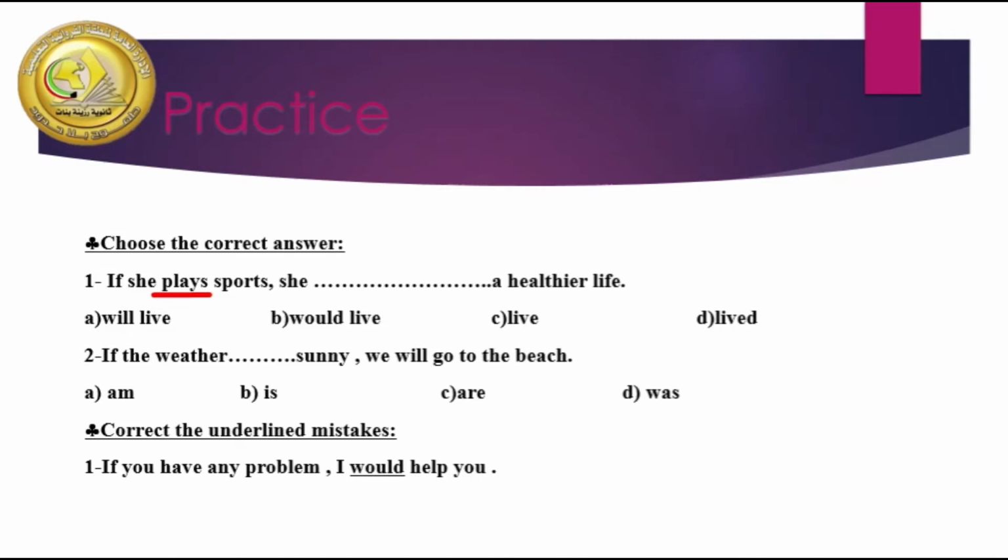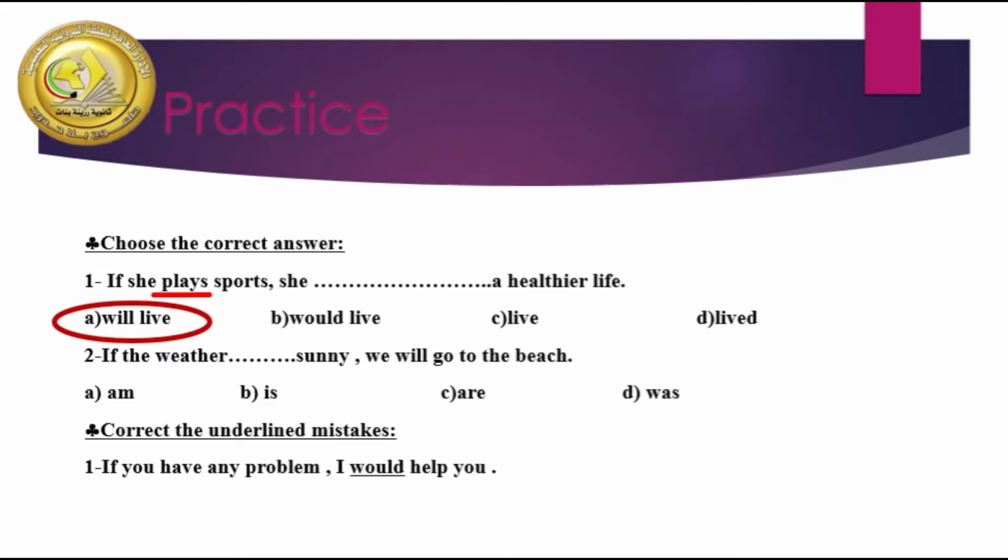So, which is the right answer? If she plays, a verb in present simple. So, we should choose will live. That's right. We have two verbs. The first one is in present simple and the second one refers to future simple.